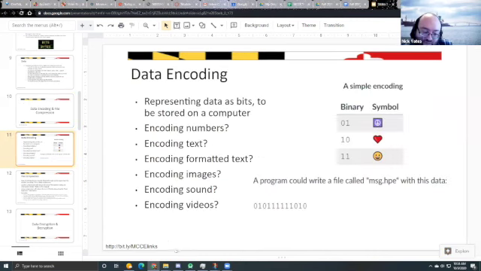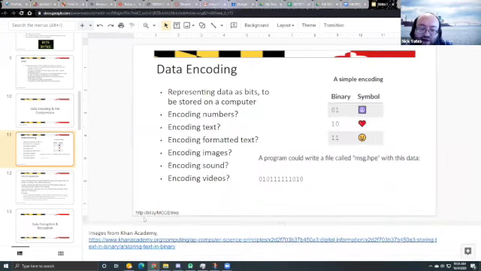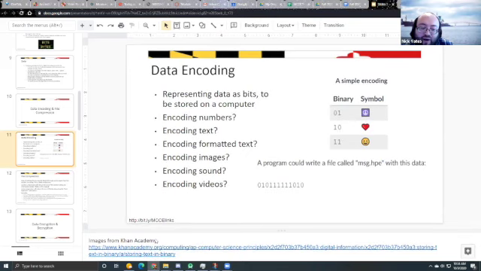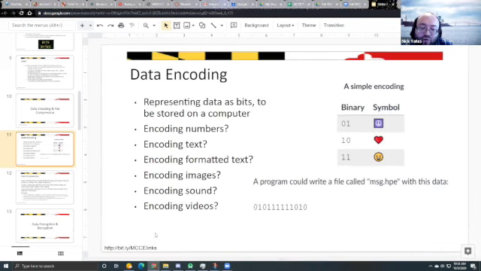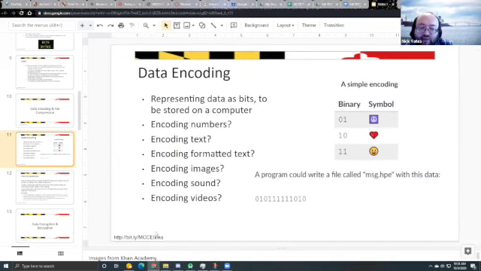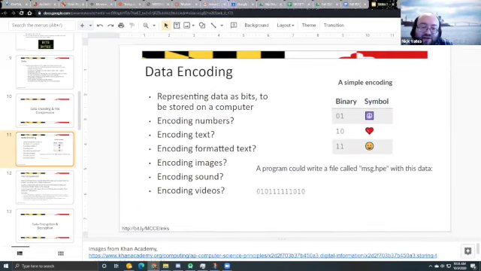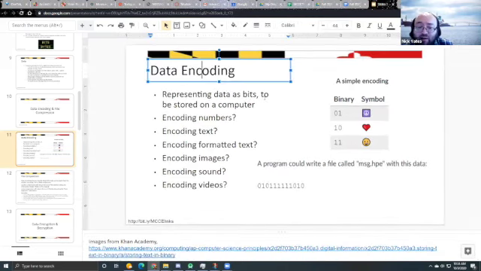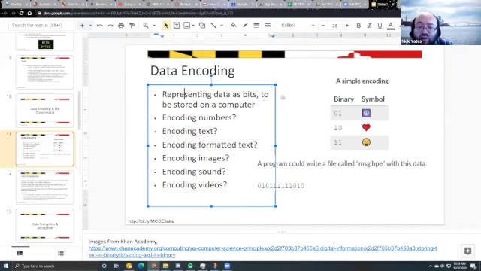And by the way, this picture comes from Khan Academy, and we're going to give you some references to sections of Khan Academy that have really good information about data encoding and these topics we're talking about today. But what is data encoding? It's representing data as bits so that it can be stored on a computer.